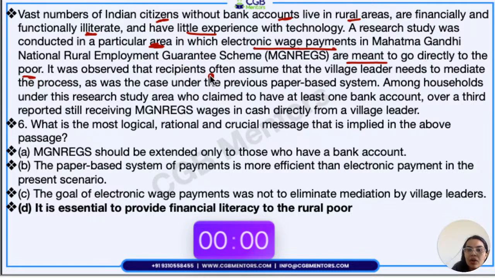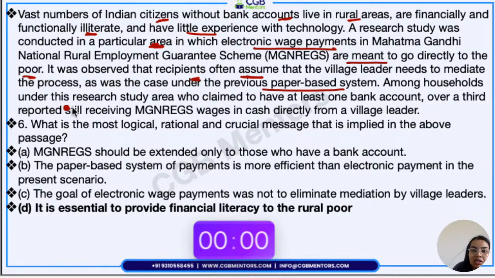अब observe क्या हुआ? Recipients often assume that the village leader needs to mediate the process, as was the case under the previous paper-based system. सो पहले जो पेपर बेस्ड था उसमें देयर वाज दिस विलेज लीडर इन्वॉल्व और उन लोगों को लगा, रेसिपिएंट्स को हु गॉट द मनी डायरेक्टली, दैट इसमें भी ऐसा ही होगा.